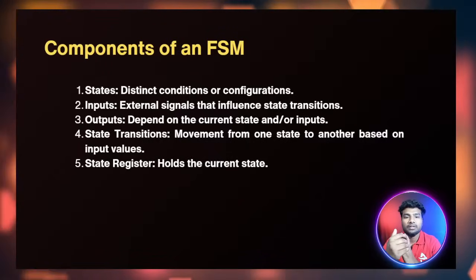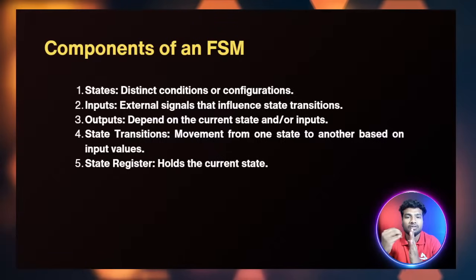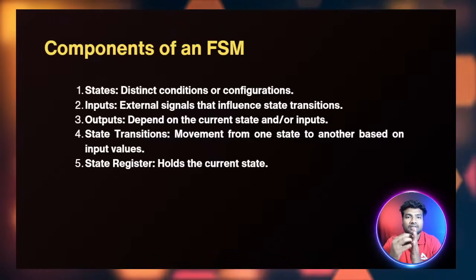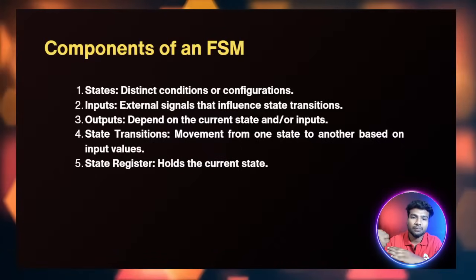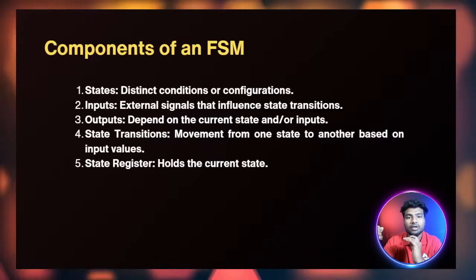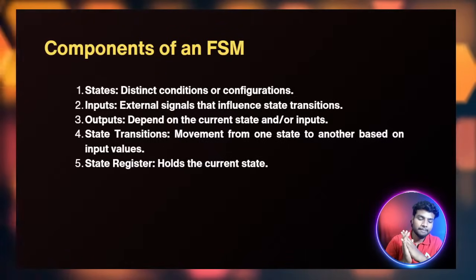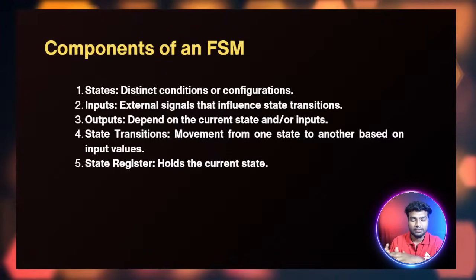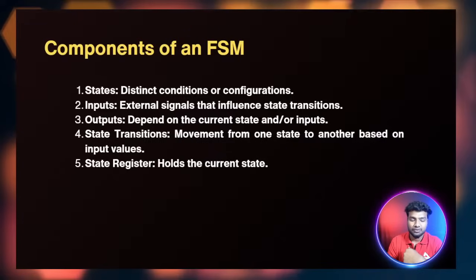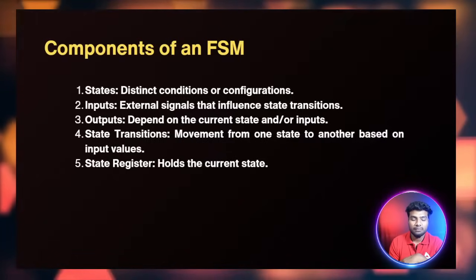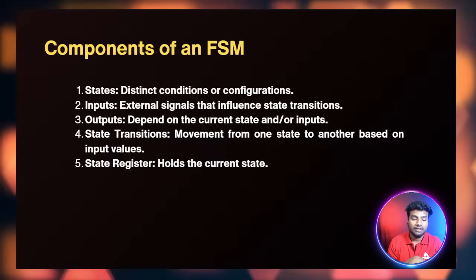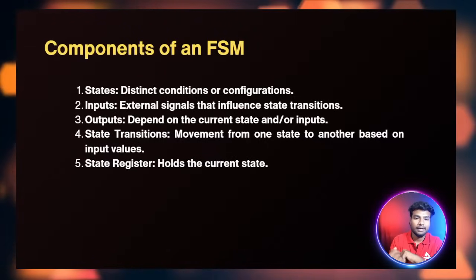If the input is satisfied for that particular state, the first state is completed, then you can move into the next state. The next state has some input, and based on that input only you can move into further states. And then output, which depends on the current state or inputs. Then state transition, the movement from one state to another based on the input values. And then state registers, which hold the current state.